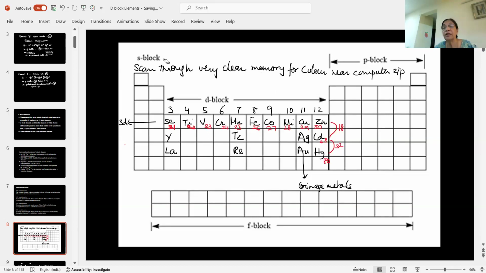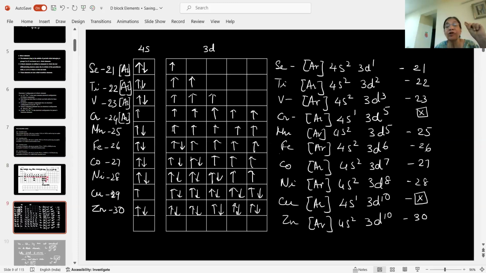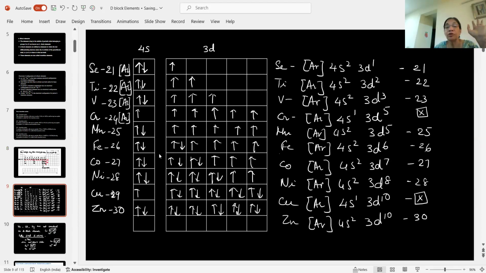Then the next thing is filling the orbitals. Importantly, you should see the configuration of two elements. One is chromium. Chromium configuration is 3d5 and 4s1, because half-filled orbitals are very stable. So chromium is a special case, and similarly, copper is a special case.